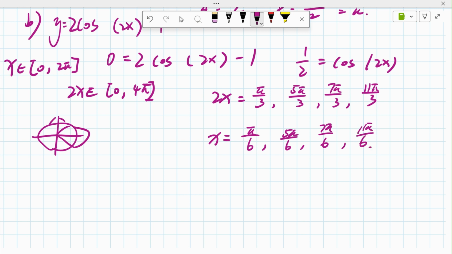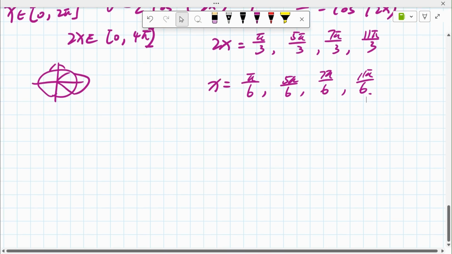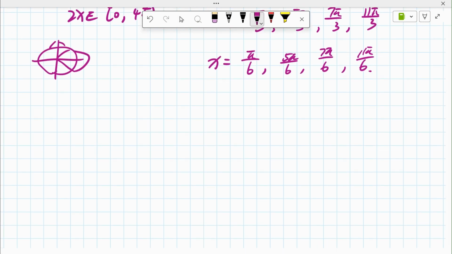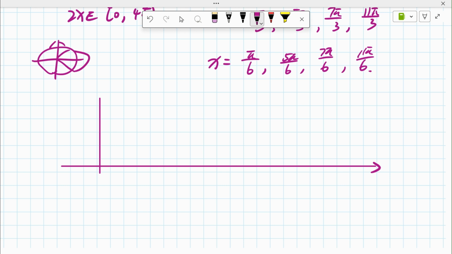Okay, once you have that, we can do a quick graph. Because you're moving down by 1, your starting point will be a little bit different this time, and I can just quickly draw this graph.